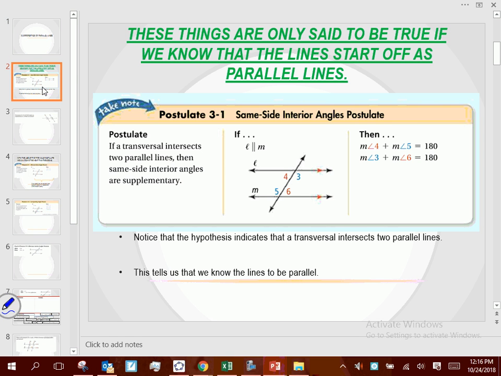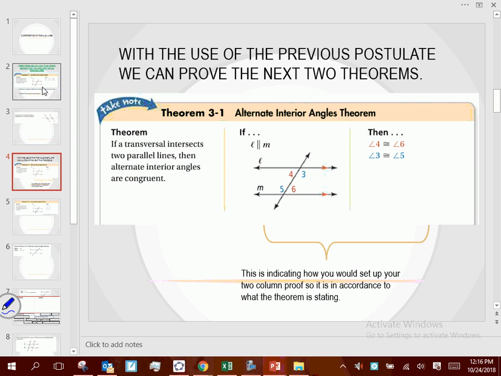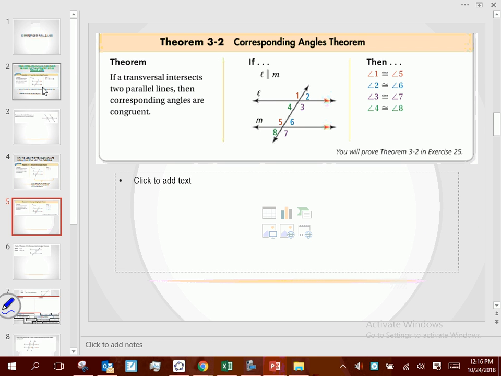So yesterday we proved the fact that alternate interior angles are congruent when we start with the idea that lines are parallel. Okay, the lines that are cut by a transversal are parallel. I want to do the same thing today with a couple other theorems.